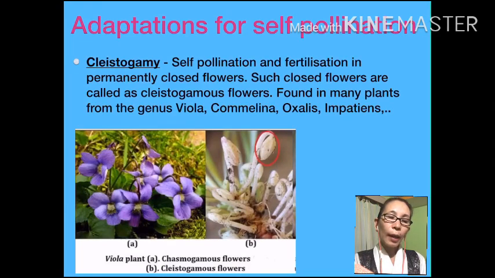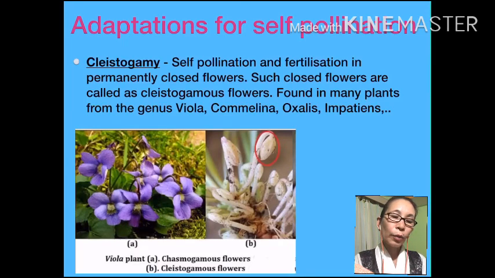The interesting and intriguing aspect of these plants is the appearance of two types of flowers in them. They have the closed Cleistogamous kind of flowers as well as the open normal flowers, which are called Chasmogamous flowers.